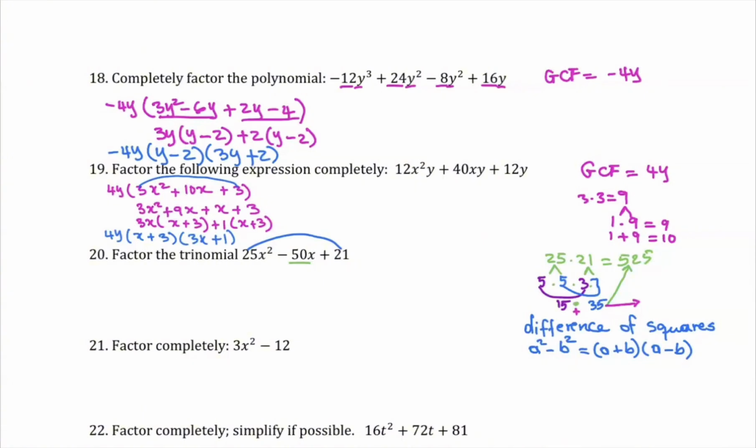And if we add, we would get 50, right? We will get 50. But we want negative 50, so we would just put a negative sign with these, right? So that's negative 15 and negative 35.